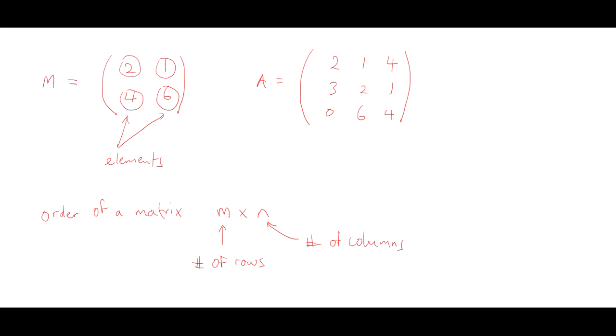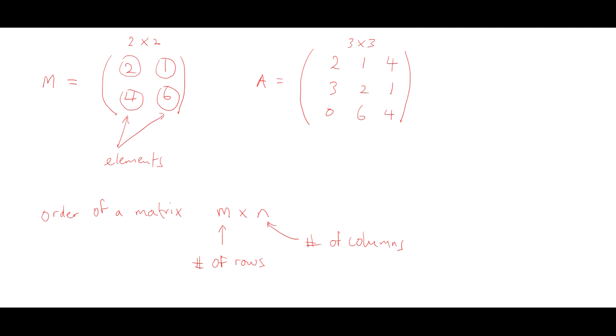In the case of M, we say that M is a 2 by 2 matrix. So the order of the matrix is 2 by 2. In the case of A, the order of the matrix is 3 by 3.